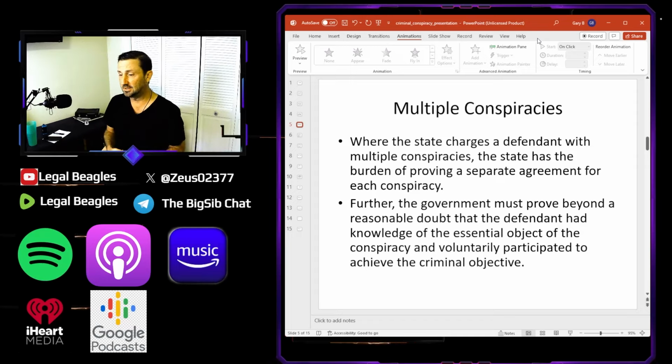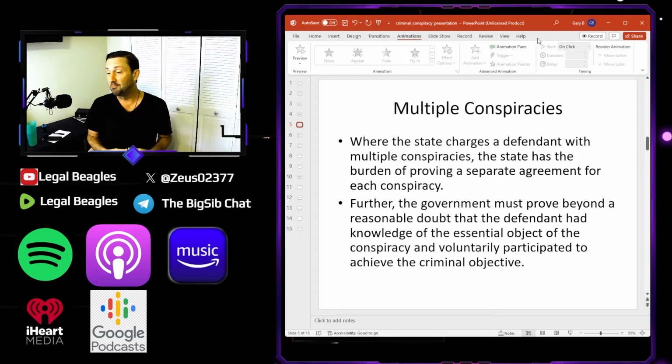Multiple conspiracies. Where the state charges a defendant with multiple conspiracies, the state has the burden of proving a separate agreement for each conspiracy.